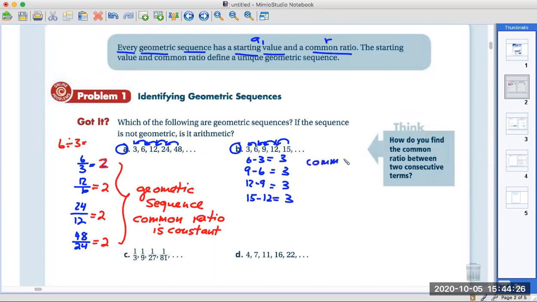Common difference is constant. By the way, these three dots mean therefore, so in math we don't need to write everything: therefore it's an arithmetic sequence. And sometimes you don't find any connection, then it's neither.